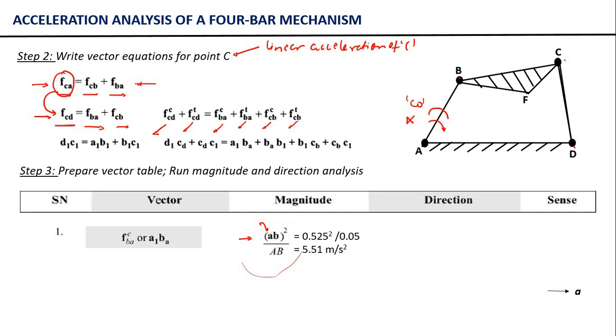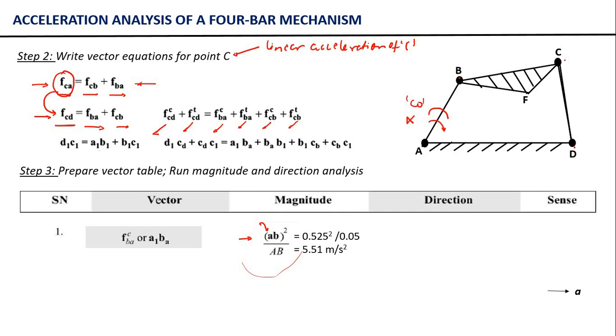So the magnitude of this FBA C is given by 0.525 squared divided by 0.05, that is equal to 5.51 meter per second square.